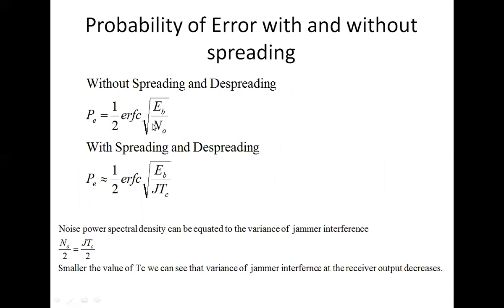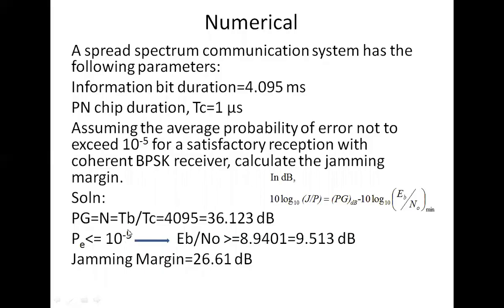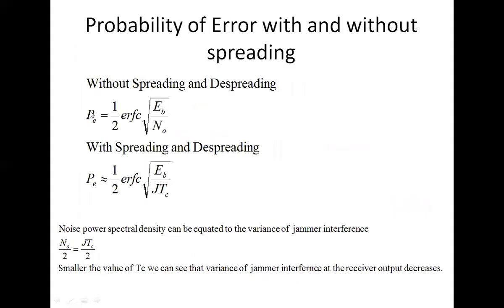So ERFC of root EB by N0 is 2 times probability of error. And in this case, what is that probability of error? It should be at the max 10 power minus 5. So this 2 goes here. So ERFC of root of EB by N0 will be 2 into 10 power minus 5. You have to refer to the error function tables and get the value of EB by N0.